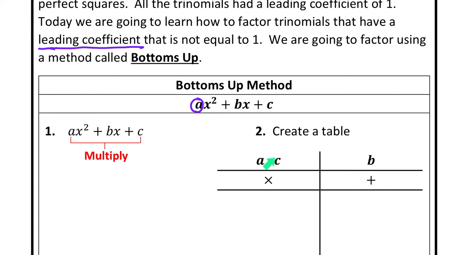And then B is the term in the middle, and so we're looking for two numbers that multiply to give me A times C and two that add to give me B. So it's very similar to what we were doing last time. The only difference is that instead of having a 1 in front, we have a number that's different than 1.